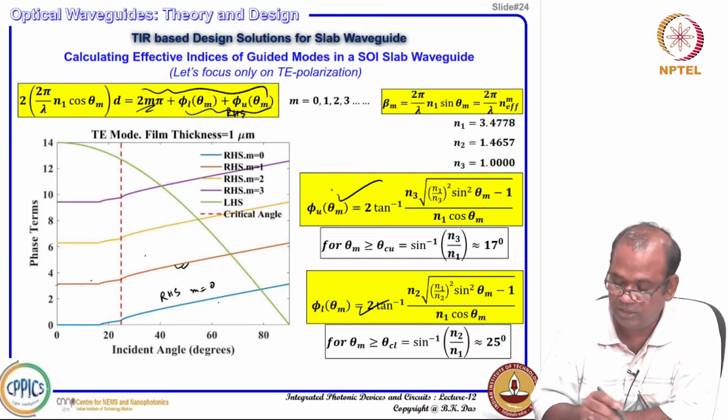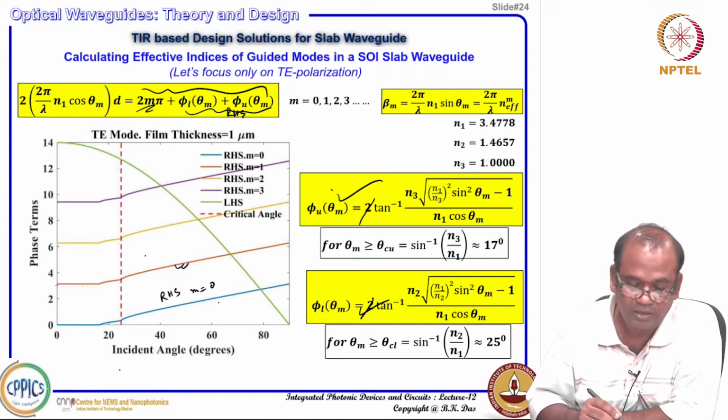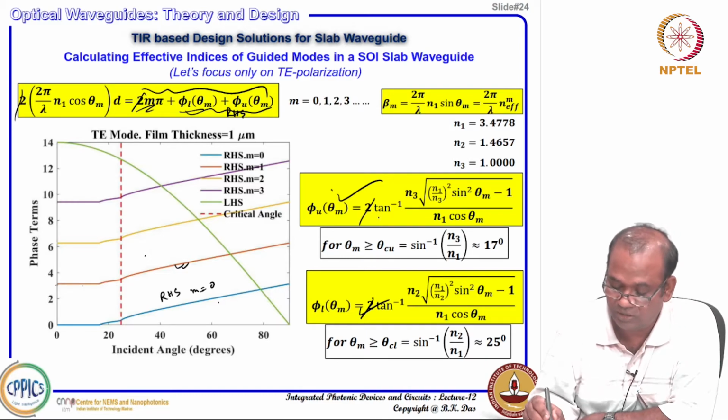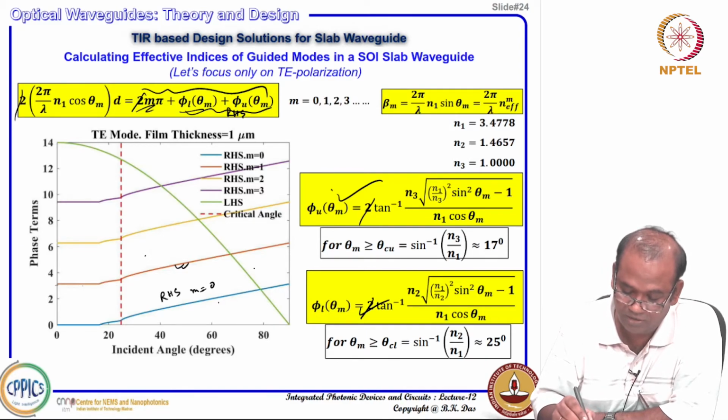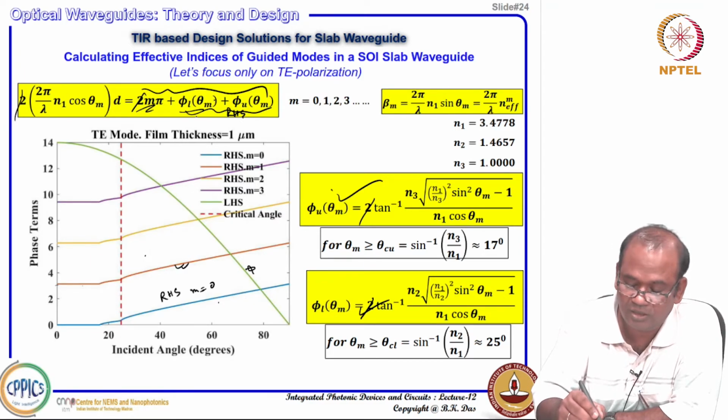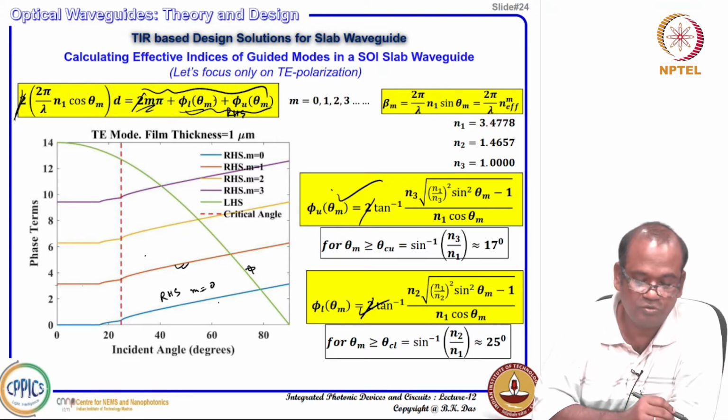That is because this 2 term is cancelled. So, 2 is cancelled here, and this is 2 also, that means this one is actually calculated for phi u total divided by 2. So, half is plotted, it is not phi l theta m; 2 is not multiplied. So, on the left hand side also this 2 is not multiplied.